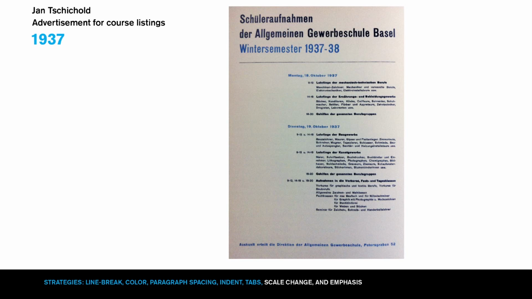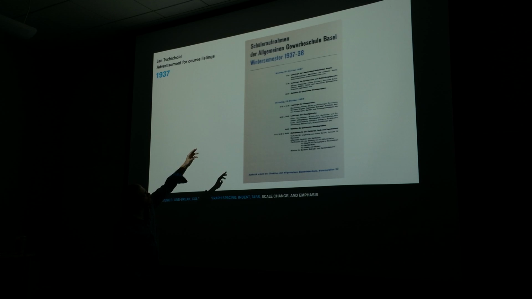Winter semester, 1937 to 38, and then you end up with these things that say October 1937, October 1937, so these are dates, I can't remember now. Anyway, it doesn't matter. Even without speaking German, you can start to see the relationships between content. And everything that's happening in here that's cool is basically a result of just lining up certain bits of information and breaking out other bits.